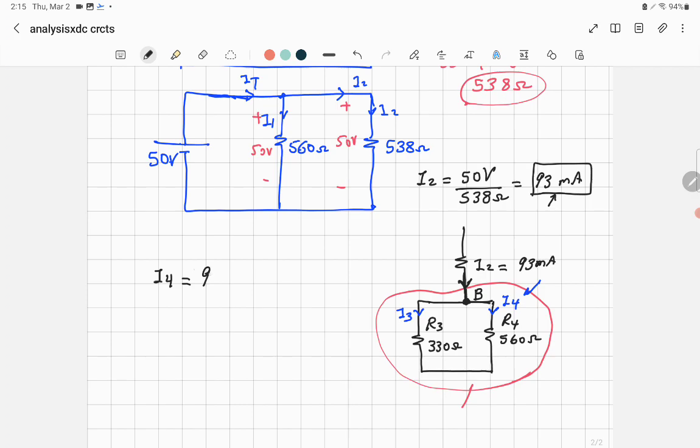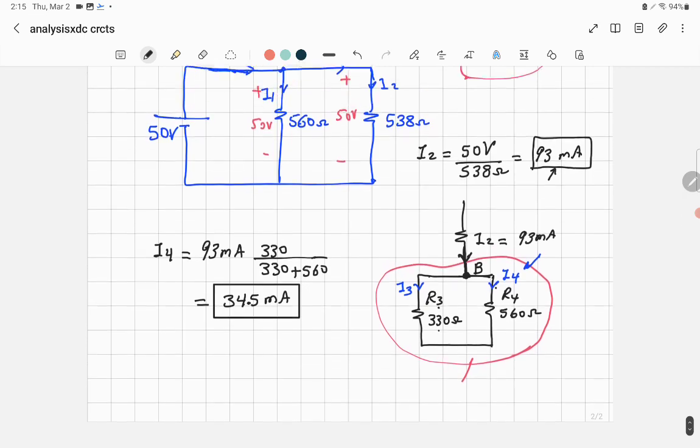So I will multiply 93 milliamp by what? I want to find I4, so you look for the opposite resistance R3, which is equal to 330 ohm, divided by the sum of the two resistors, 330 plus 560 ohm. You get the current I4, which is equal to 34.5 milliamp. That would be the answer for the problem.